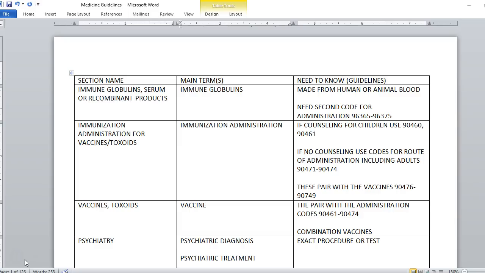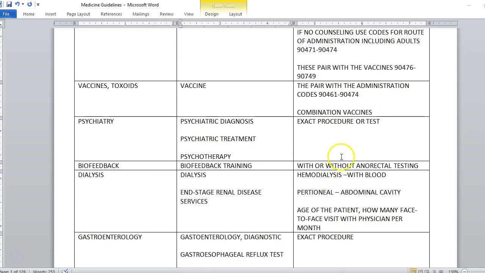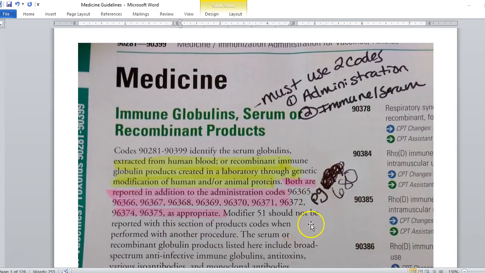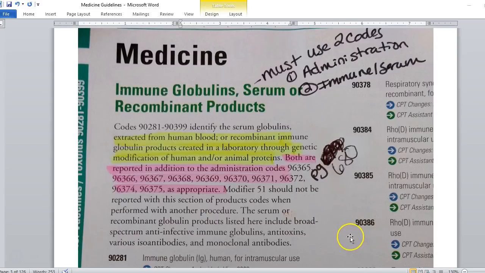Okay, so I'm going to scroll down so we can look at these guidelines and then we'll come back. So, as you can see, we must use 2 codes. It reminds us, codes 90281 to 90399 identify serum globulins extracted from human blood or recombinant immune globulins, product created in a laboratory through genetic modification of human and or animal proteins.